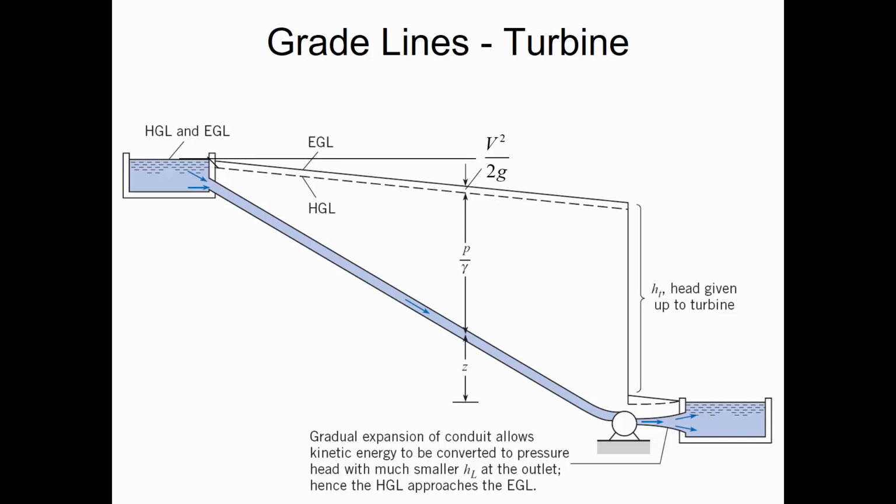If you look at the EGL and the HGL, they're decreasing according to the friction loss through the pipe, but then there's a sudden loss of pressure. And that represents the head that's given up to the turbine.